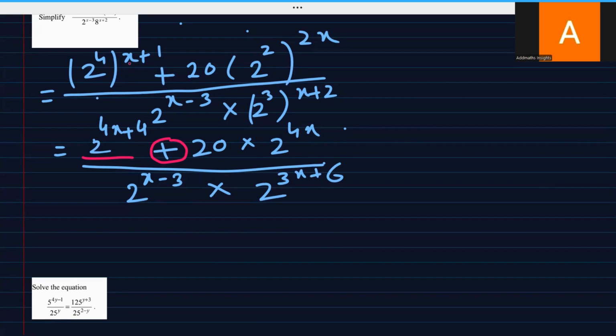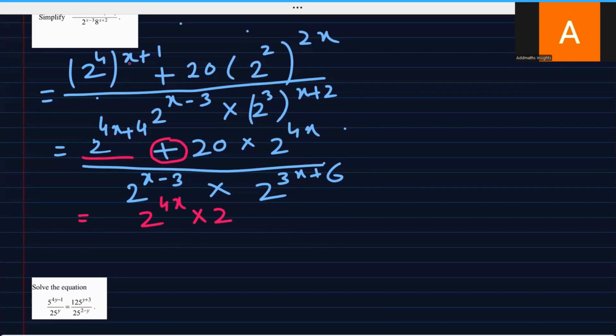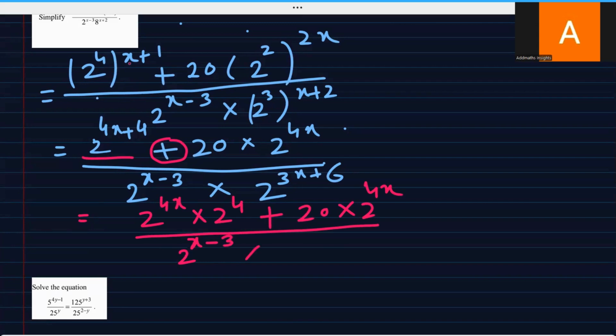So you can break it into two parts and write 2 raised to the power 4x multiplied by 2 raised to the power 4, plus 20 into 2 raised to the power 4x, over 2 raised to the power x minus 3 times. You can add them because the bases are the same, so you can add their powers. So it will be plus 3x plus 6.